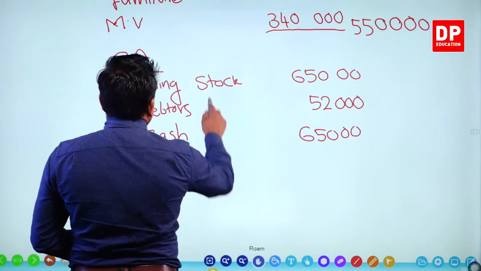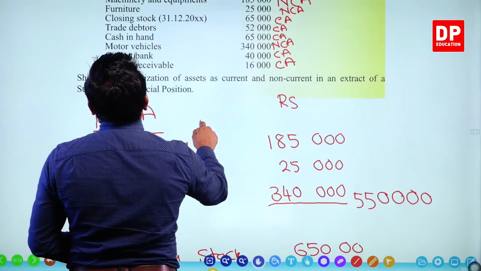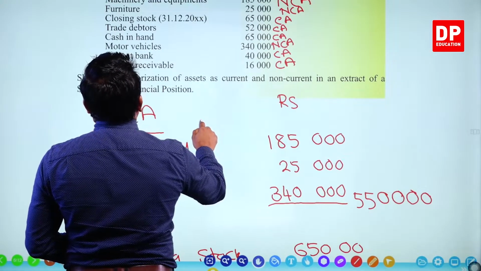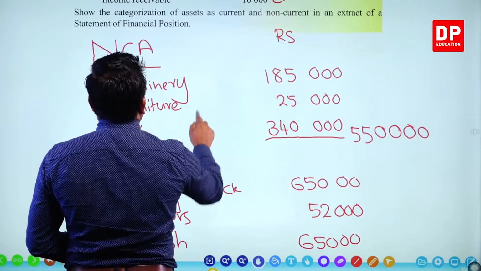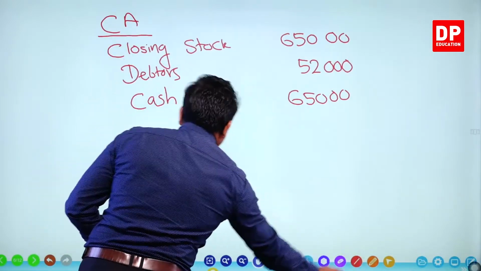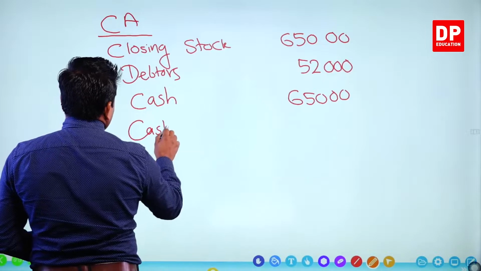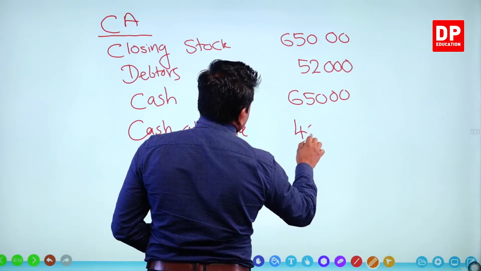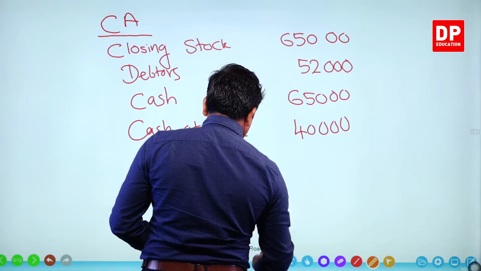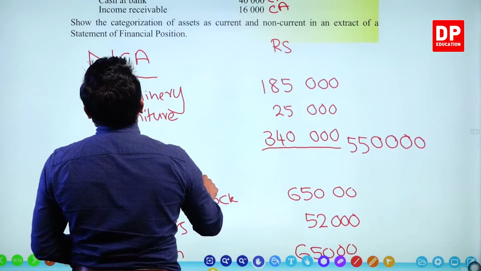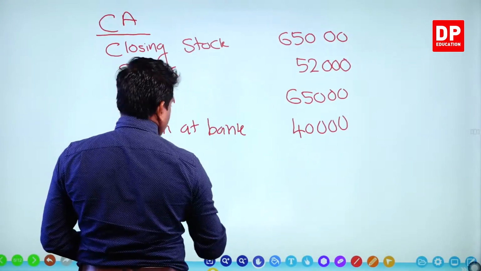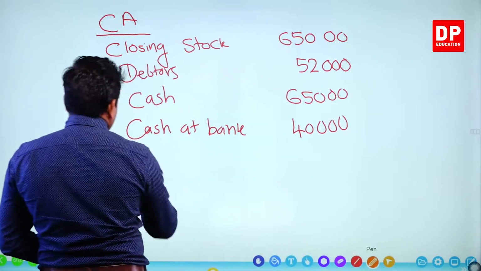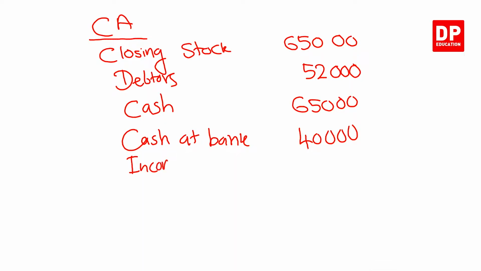Then next, cash at bank 40,000. Right? Next one. Income receivable 16,000.